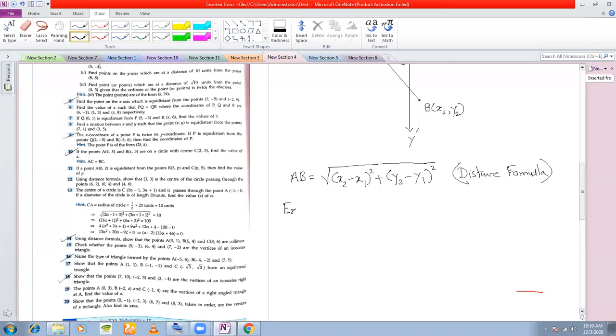For example, find the distance between the points P(3, 2) and Q(-2, -3).